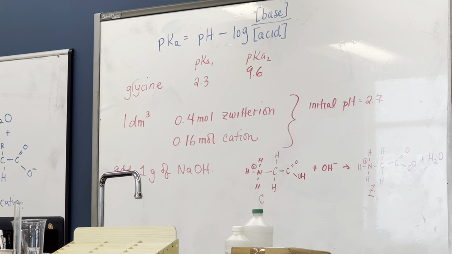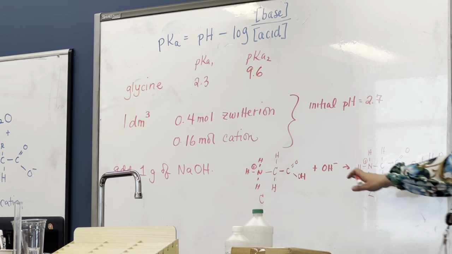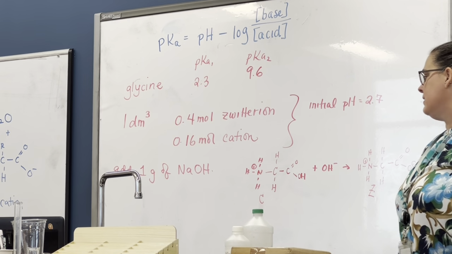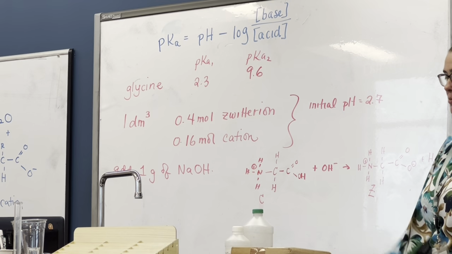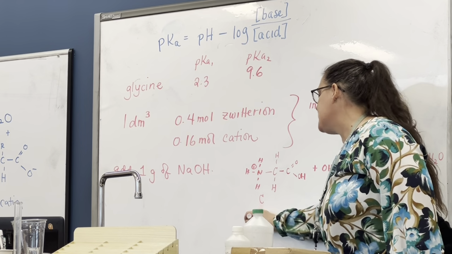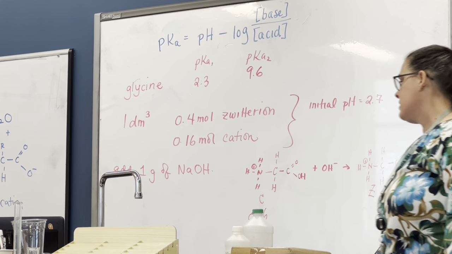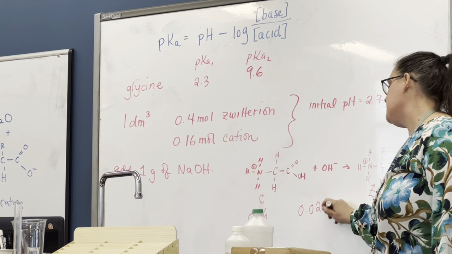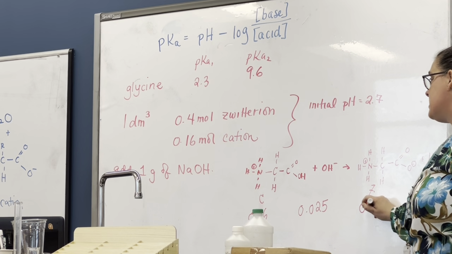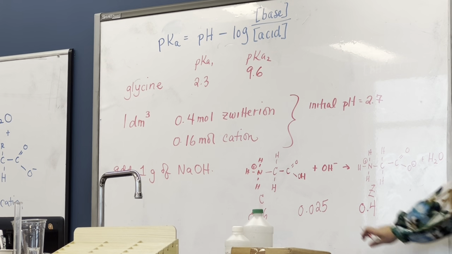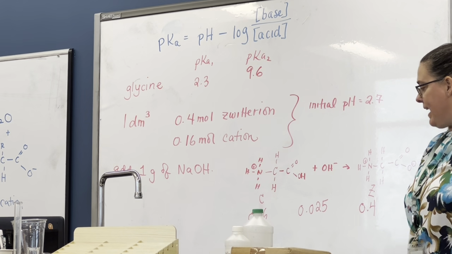So if that's my reaction, I feel like the base is going to neutralize the most acidic thing. The most acidic thing is the cation. Then I claim that this is a reaction that goes to completion, as all neutralization reactions are. And so if I began with 0.16 moles of the cation, 0.025 moles of hydroxide, and 0.4 moles of the zwitterion, all of the sodium hydroxide would react.